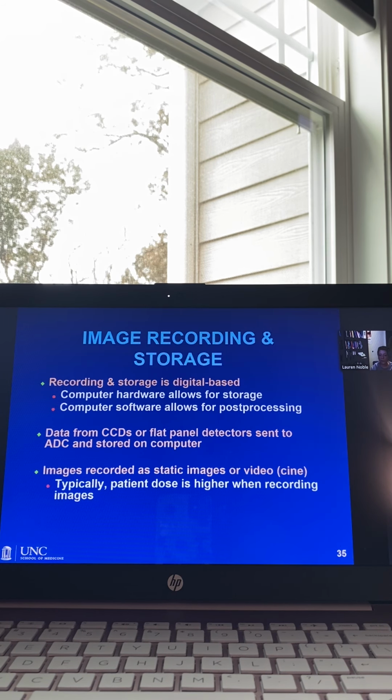There is software built into the system that allows for post-processing of those images. Images can be sent as static images, so you can take single images, or they can be recorded as video, and you may hear that referred to as cine. So whether it's the new unit or the unit like we have, we can take single images, or it can be recorded as a video.